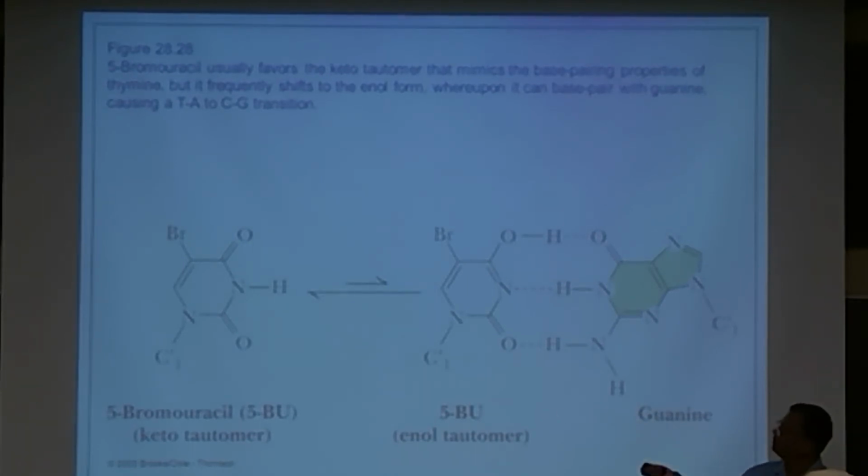So instead of uracil, if someone uses 5-bromouracil, it will convert AT to GC type of transition because it can pair with G. So if the cells are exposed to 5-bromouracil, say you are growing some human cell culture and adding 5-bromouracil, and a couple of rounds later we analyze the genome, you see there are lots of changes, basically AT to GC type of transition. Does it make sense? Yes or no?